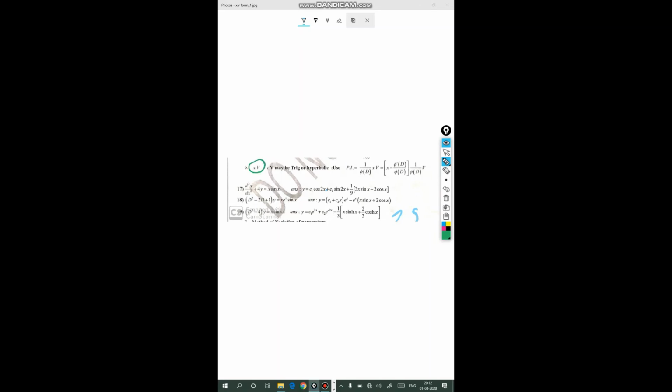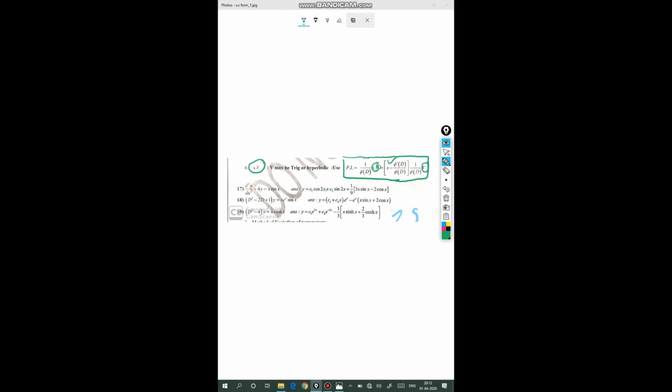Whenever the RHS of the differential equation is in the form of x into v, how to find the particular integral? The formula for getting the particular integral in that case is this one. It is a little lengthy formula, but what is happening here is that x into v is given, and x will come out by the formula: x minus phi dash D upon phi D, into 1 upon phi D of v.